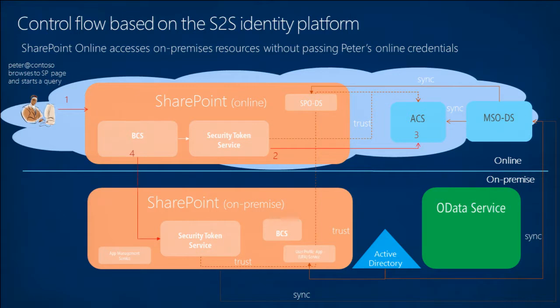ACS returns the security token back to BCS. And then BCS calls on-premises. On-premises will trust this call because it has come from ACS. It sees the security token that's been issued by ACS. And then it will hand the request over to BCS sitting on-premises. BCS is then going to make the call to the on-premises OData service, get a response back, and send it back into the cloud.